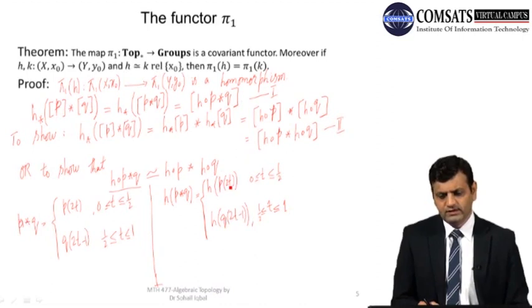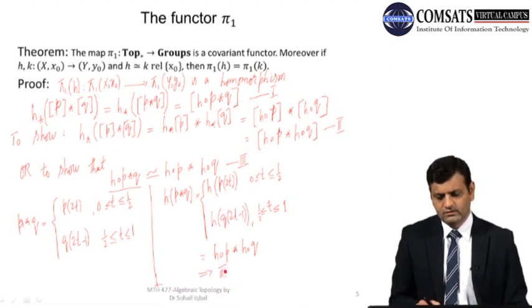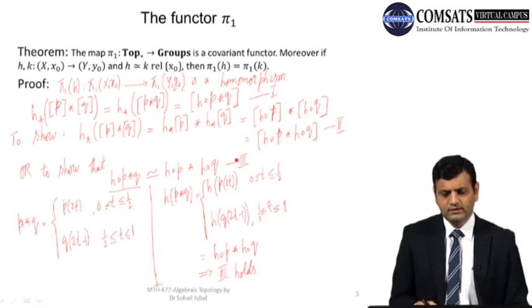So basically we can say that this is exactly equal to h composition P star h composition Q. So these two functions are equal, and of course equal functions are homotopic, so we can say that this holds. If this holds, then we can say that h lower star is a homomorphism of these two groups.